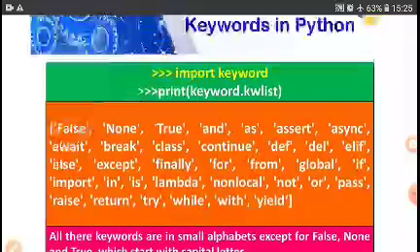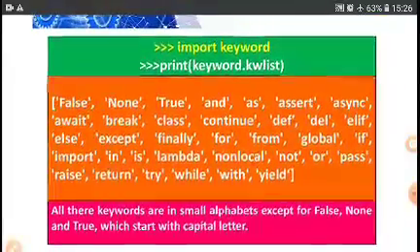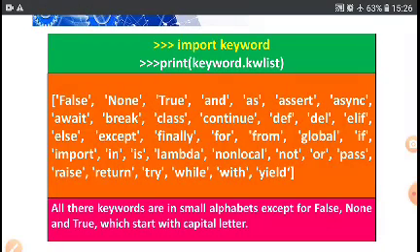In Python, how can you find the list of keywords? At the command prompt write import keyword. In the next step print, in brackets, keyword.kwlist. You will get all keywords listed below. You can see in orange color, these are all Python keywords.